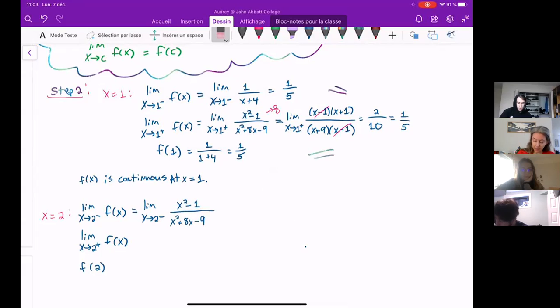So we replace it, and then we plug in, and we no longer write our limit sign. So I get 2 squared minus 1 over 4 plus 16 minus 9.